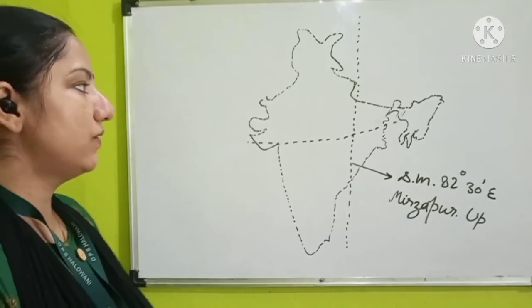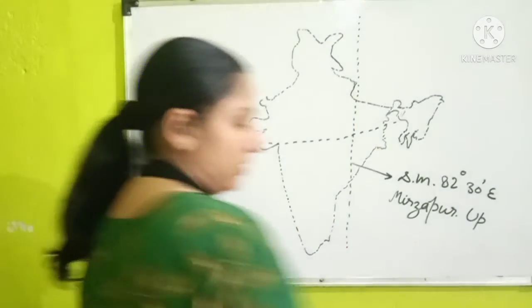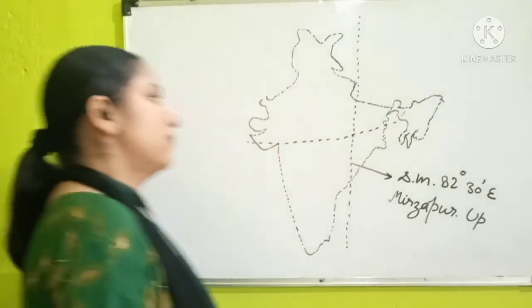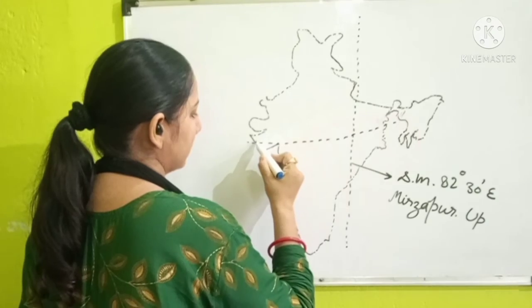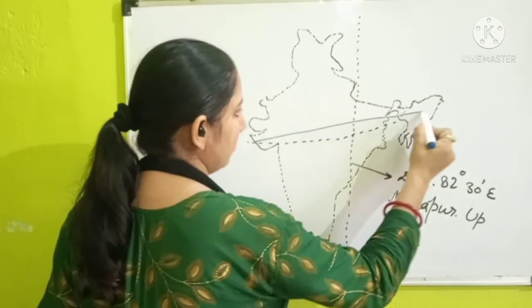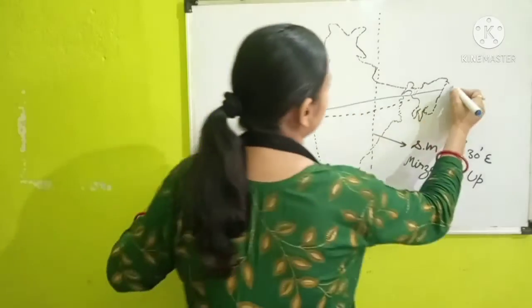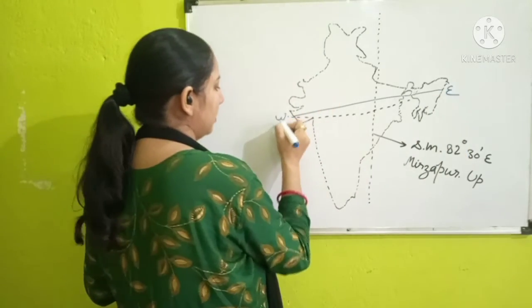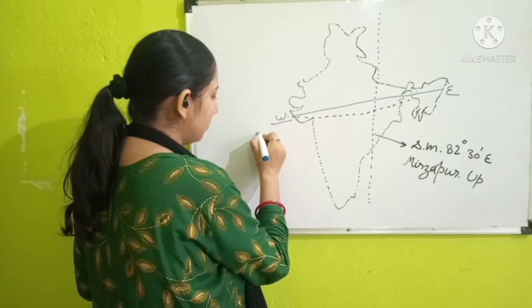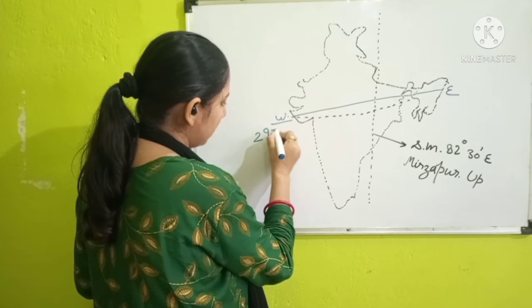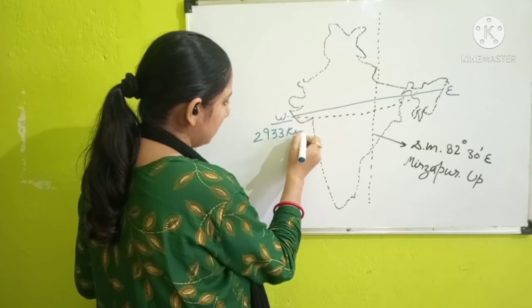Then after that, if we go through the distance of our country, the total distance from east to west is around 2,933 kilometers.